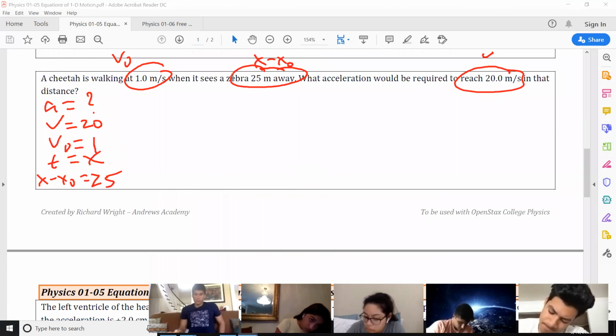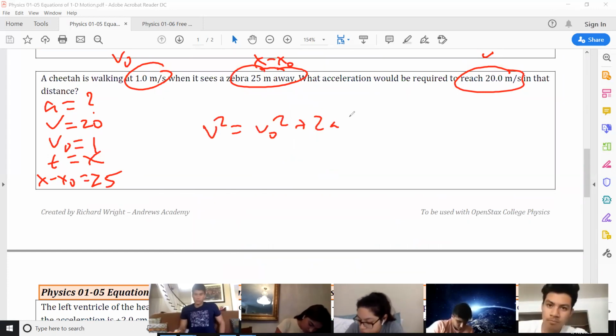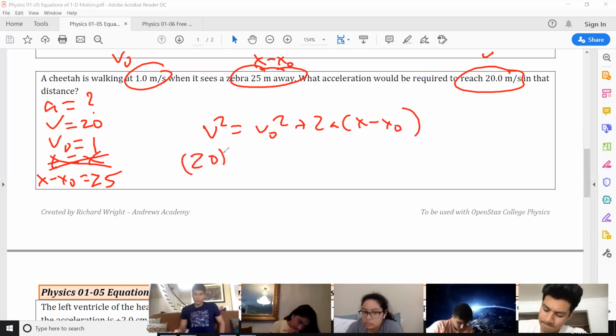So I'm going to do V squared, because that was irrelevant. We didn't need time. And then we just plug away. We're solving for a here.